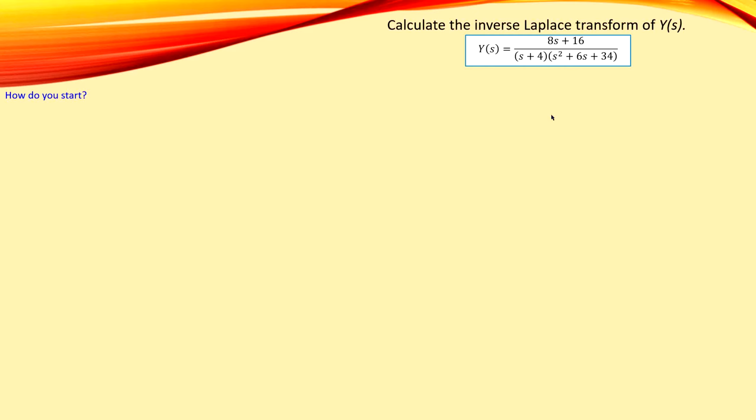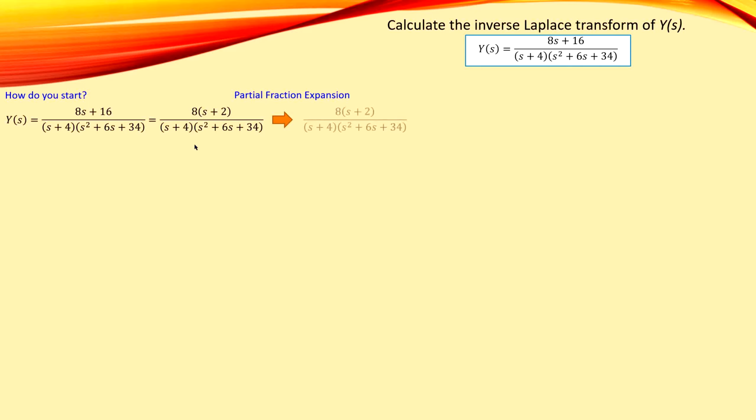So let's continue. We have the system, and I have rewritten the numerator, as you can see here, so that you can see the zero directly. It will help us in analysis. Now, if I move on, what I do is partial fraction expansion, and then I get the following expression. This will be placed in the first fraction, which is A divided by s plus 4, plus (Bs plus C) divided by the second order term.